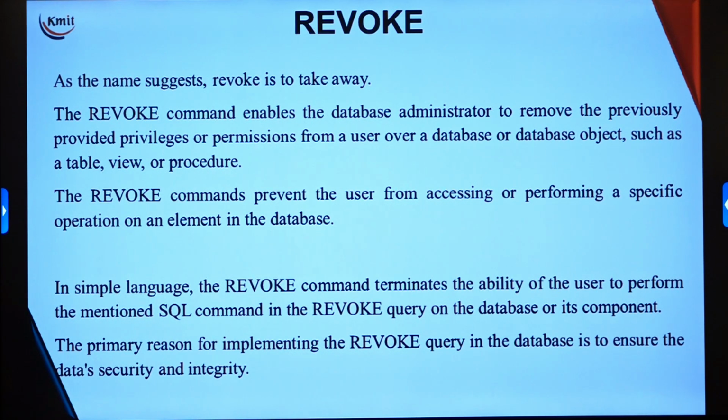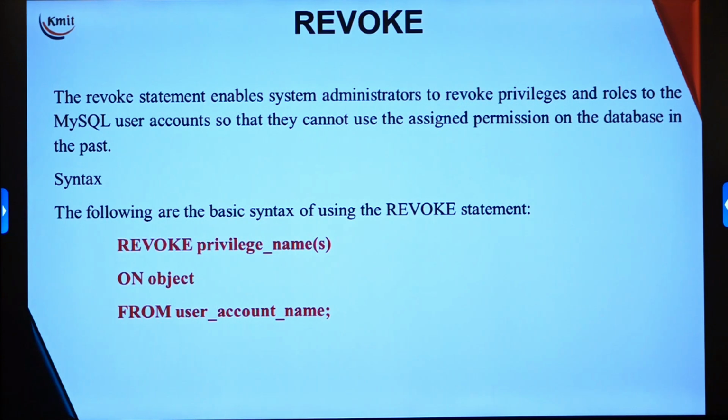So all the permissions given to him have to be revoked and the user account should be deactivated or deleted. Or otherwise he was shifted from one project to another. So the permissions given on this particular project content should be revoked and new project content permissions can be granted. So this is the use of revoke.